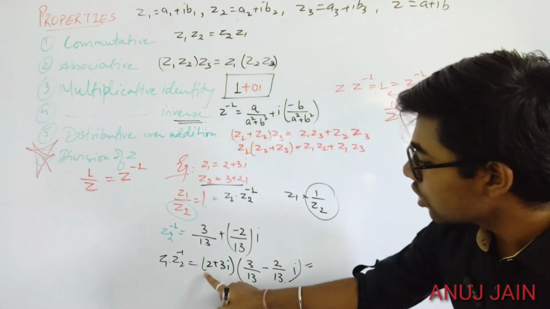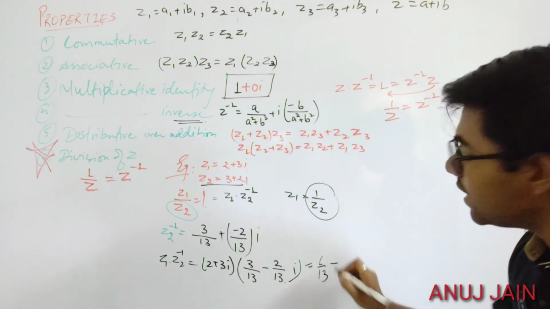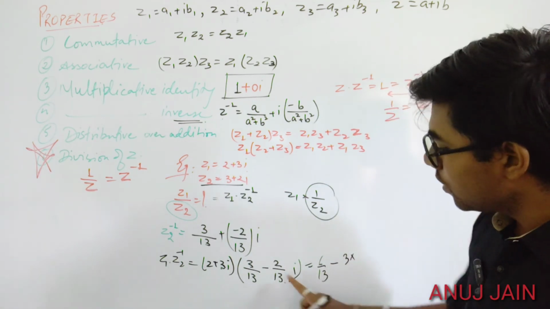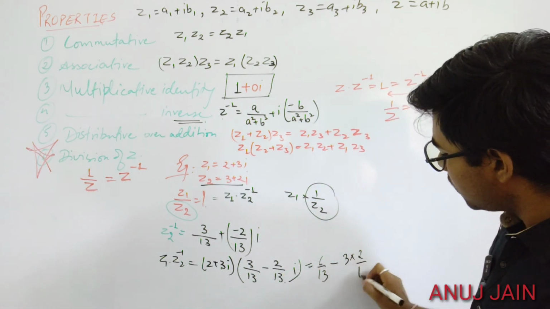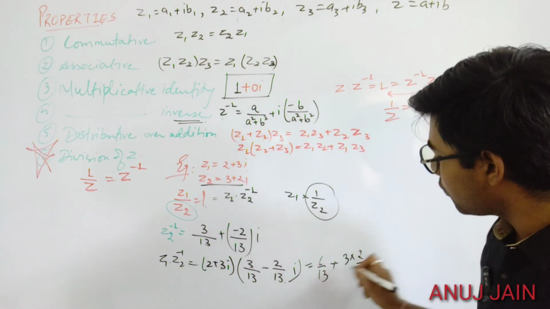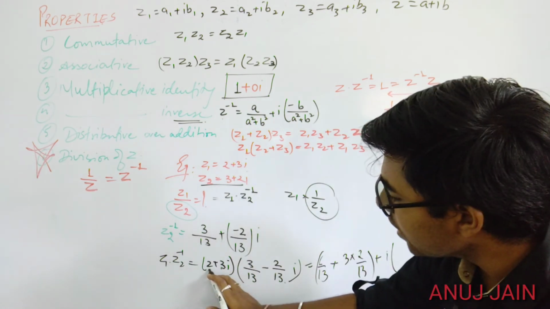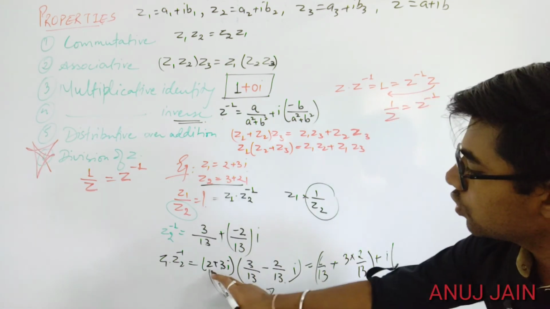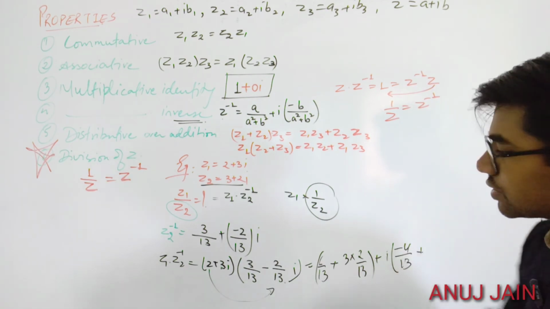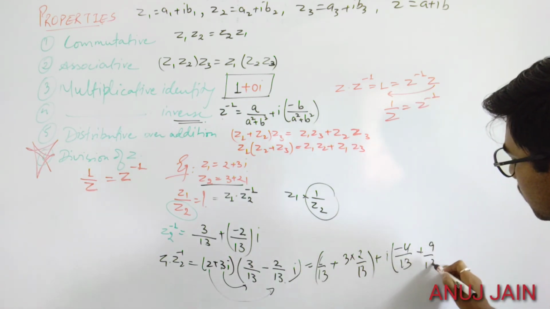What you will get is 2 into 3 by 13 is 6 by 13 minus b1 into b2, 2 by 13. But this is negative, so negative, positive. Plus iota times a1 into b2, 2 into minus 2, that is minus 4 by 13, plus b1 into a2, 3 into 3, 9 by 13.